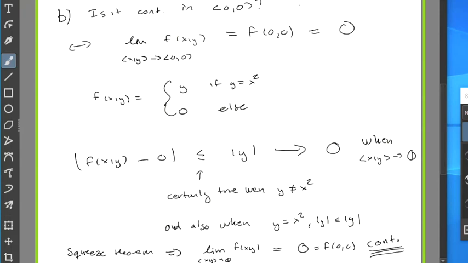So yes, it is continuous. So in order to solve this exercise, we need to know our definition of continuity. We also need to know our squeeze theorem and how to apply that.